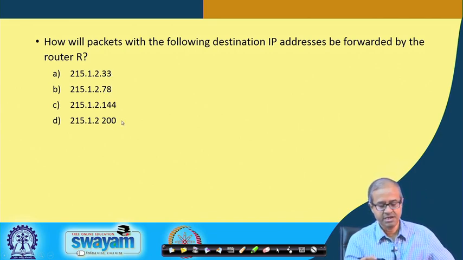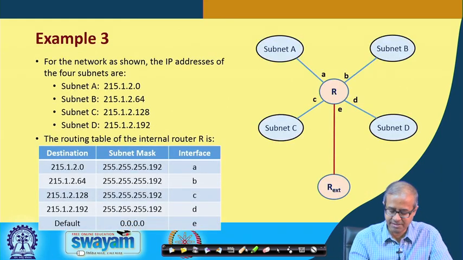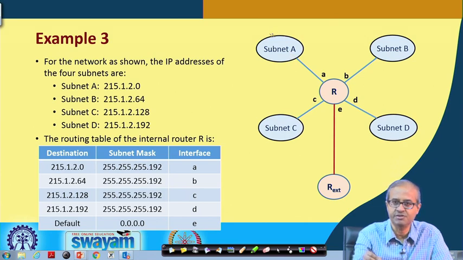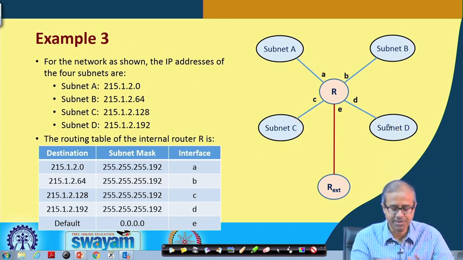Logically speaking, you can identify that the first one will belong to the range of subnetwork A, which I mentioned as 0 to 63, the second one will be in B, the third one will be in C, and the fourth one will be in D. But let us see how, according to this ANDing and comparison, this decision is validated.